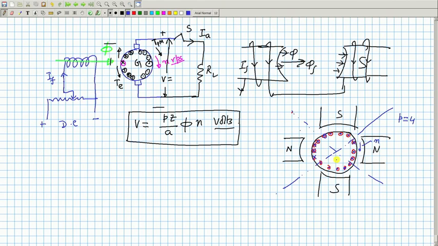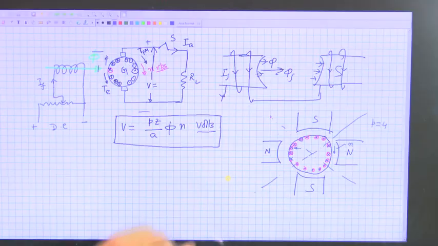Then how will the torque be produced? I take any conductor here, suppose this conductor. Put attention to this. What is the force it experiences?